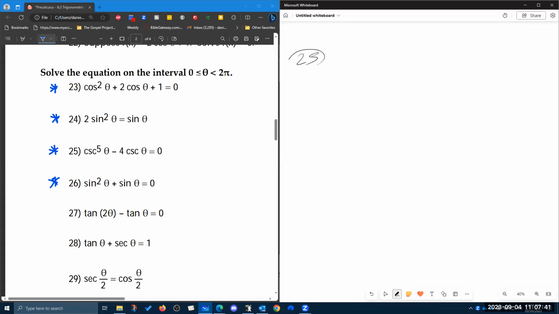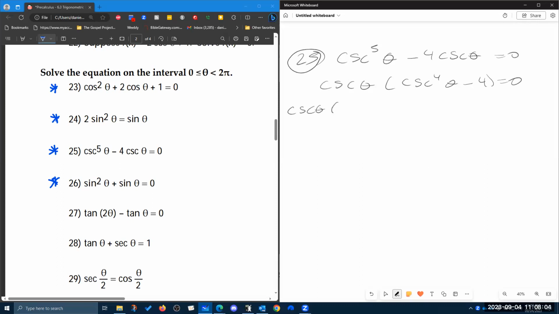Number 25, we have cosecant to the 5th theta minus 4 cosecant theta is equal to 0. I'm going to factor out a cosecant. Make this cosecant to the 4th theta minus 4 is equal to 0. I see a difference of 2 squares going on there.